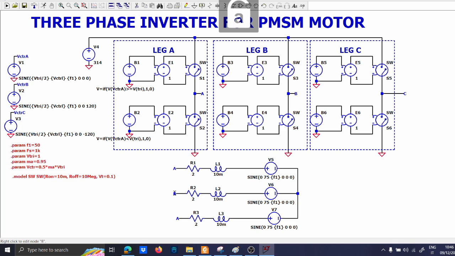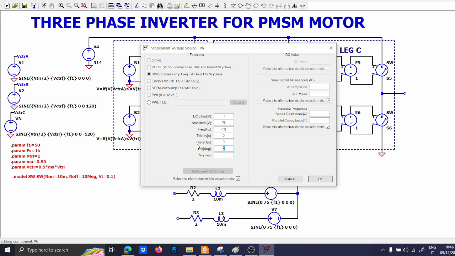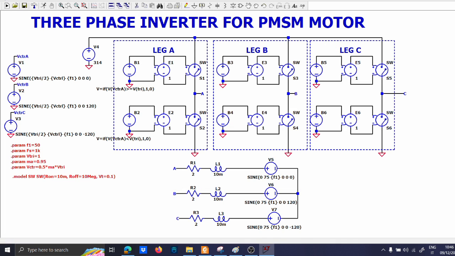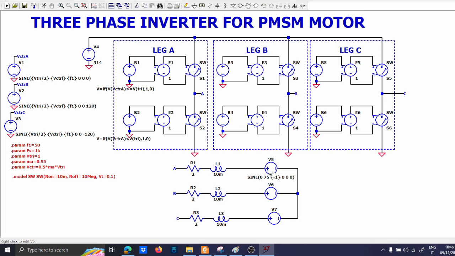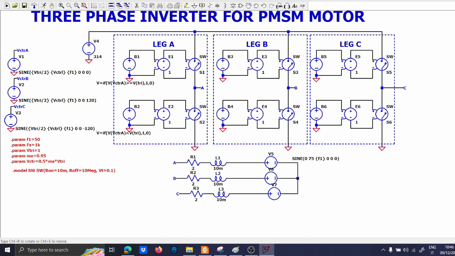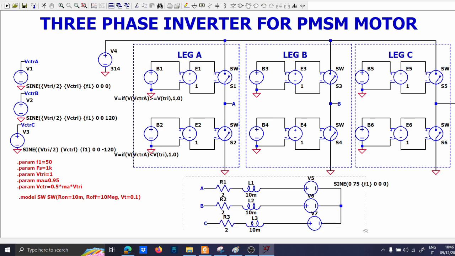A, B, and C. Now remember that these have to be, this has 120 phase shift, and this has minus 120. So you have your motor. Again, this is useless, so let me not show this on the schematic. Let me do something like this and save space.